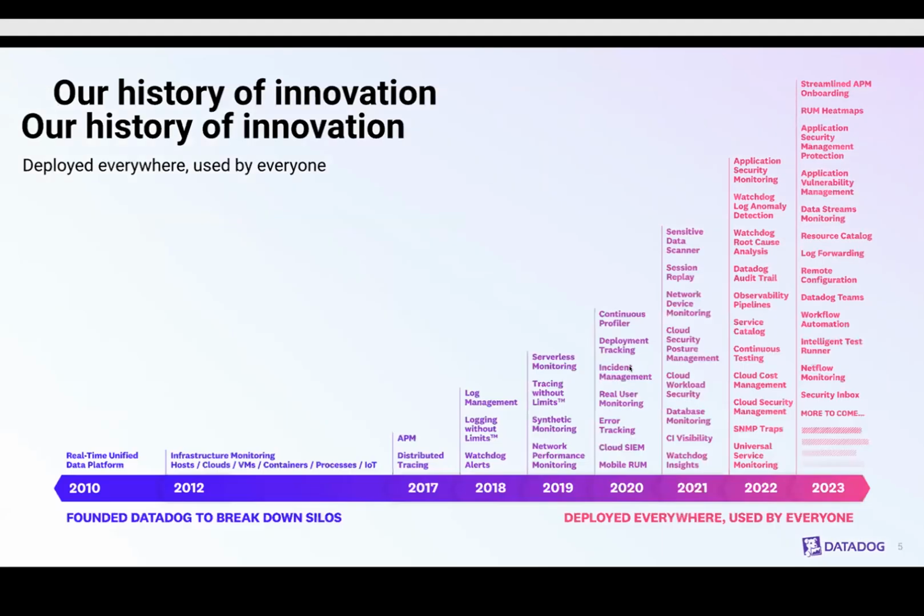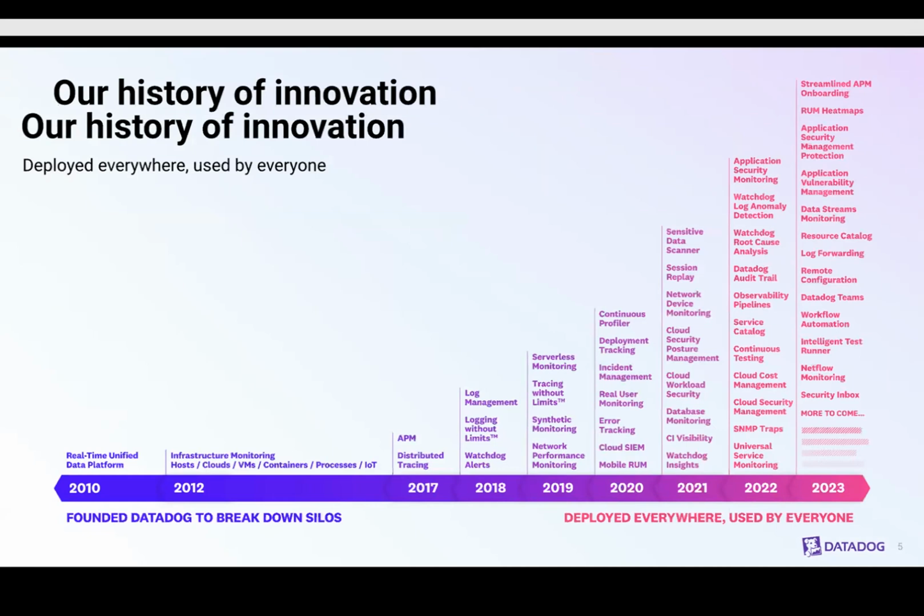Now, this is just a very brief history of the innovation of Datadog. We began back in 2010 with a real-time unified platform focusing on observability and infrastructure in 2012.